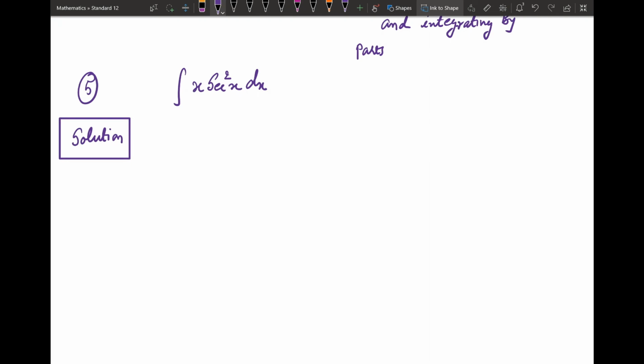So we have to take u equal to x, because x is algebraic, I inverse is not there, L logarithmic is not, ILA algebraic is there. So take u equal to x and v equal to sec square x, and we have to integrate this by parts.